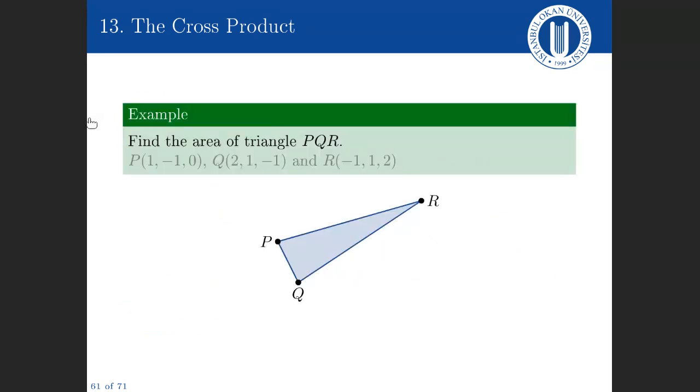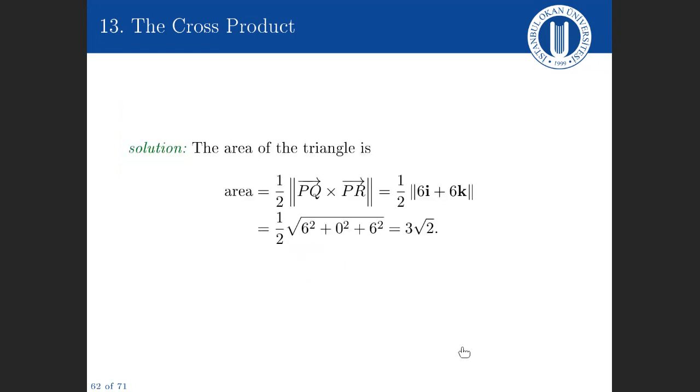Next example, find the area of the triangle PQR. This is the same P, Q, and R from the previous example. We already know PQ cross PR because we've just calculated it in the previous example. It is 6i plus 6k.